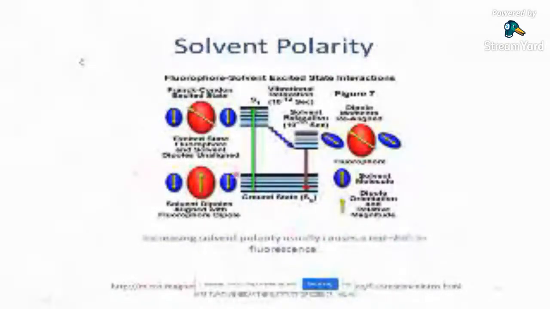Here, initially, the solvent dipoles are aligned with the fluorophore molecule. The red one is the fluorophore molecule, and these blue ones are the solvent molecules. Now, you can see the alignments.